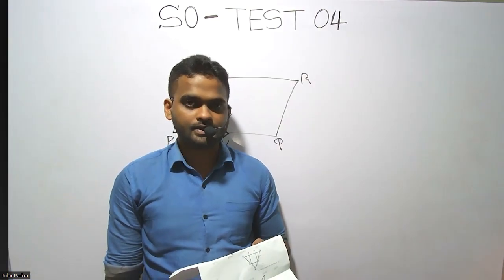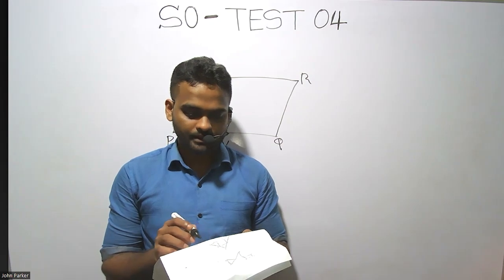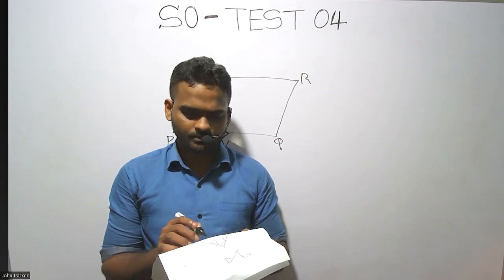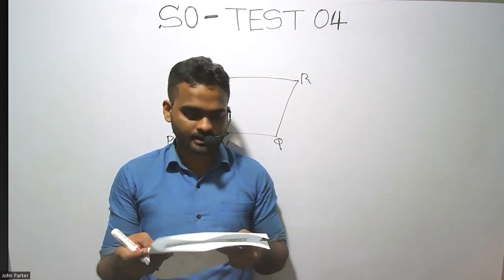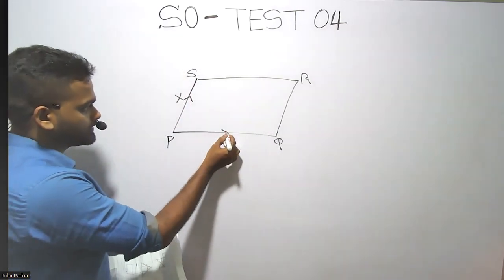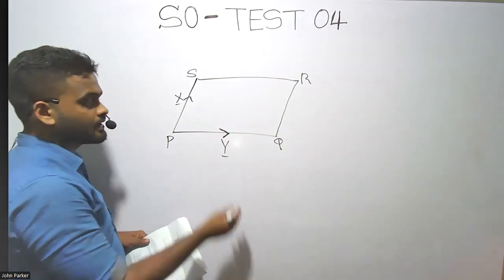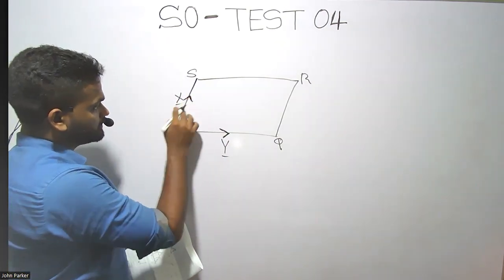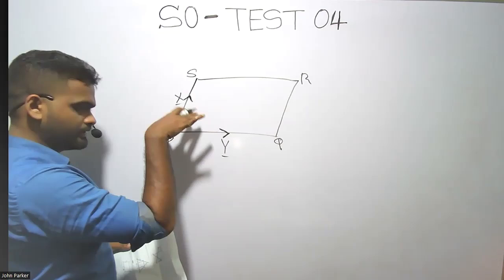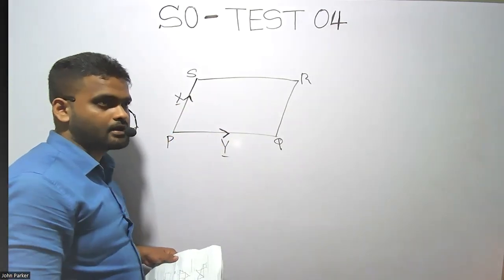Right, 10th question. X and Y vectors drawn starting from point P as shown by the image. Consider the sentences below. So here we have two vectors, X and Y. They have already formed these two vectors on a parallelogram.